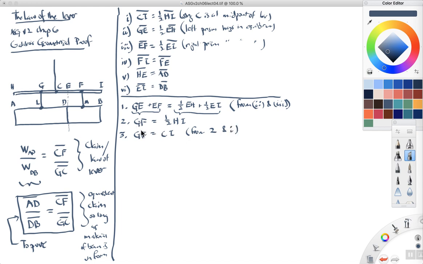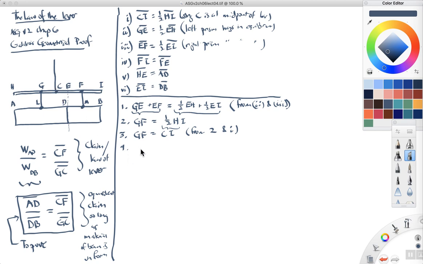Okay, so this right here, if you take this to be the case, well, 1/2 HI by point 1 is just CI. So we can go from here like that. Okay, so it follows from the previous step and invokes point 1. So that basically, going back over here, we're saying that this distance GF we've just found is equal in distance to that distance CI right there.